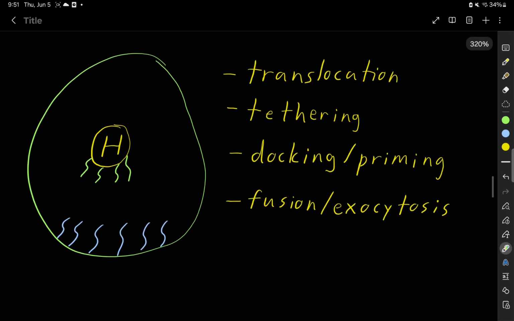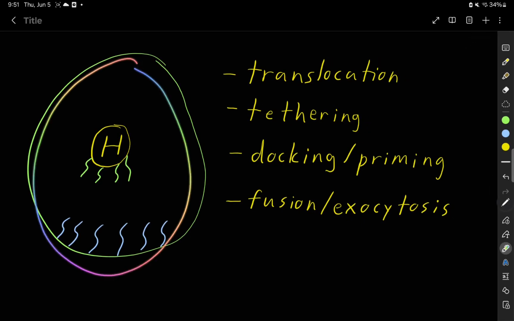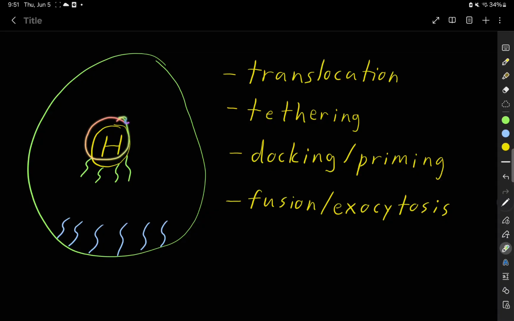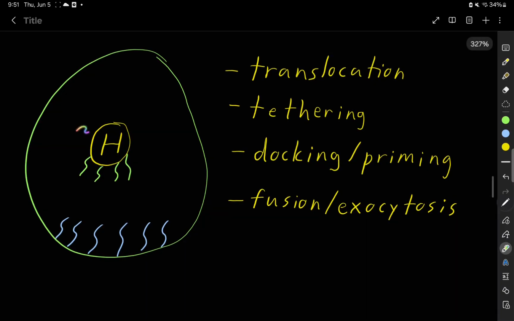Basically, this is your mast cell, and inside your mast cell, you have your granule. And you can see that on your granule, you have these little proteins attached to the membrane. You also have proteins attached to the membrane of your mast cell. So the proteins that are attached to the membrane of your granule or your vesicle, if this was a neuron, are known as VAMPs or V snares.